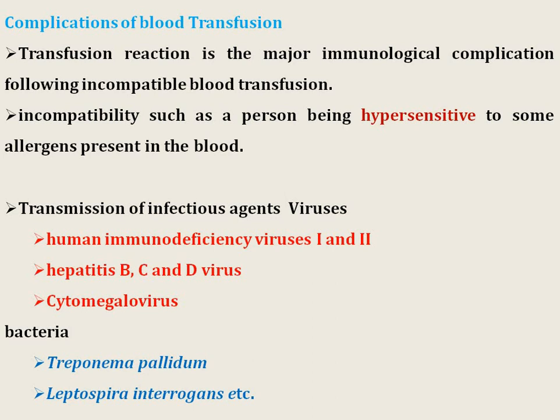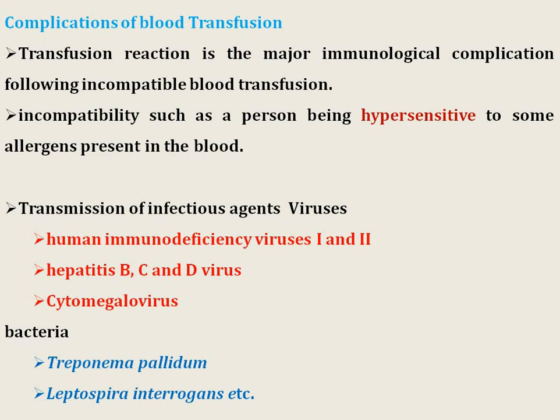Complications of blood transfusion. Transfusion reaction is the major immunological complication following incompatible blood transfusion. Other transfusion reactions may be caused by factors other than incompatibility, such as a person's hypersensitivity to some allergens present in the blood. Transmission of infectious agents through blood is the most important complication.